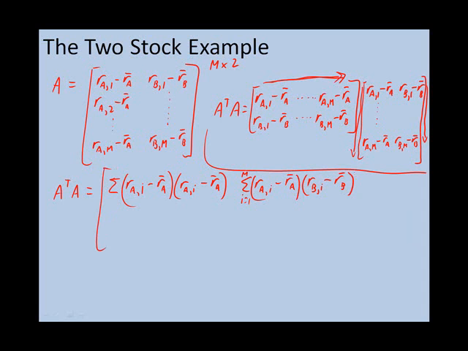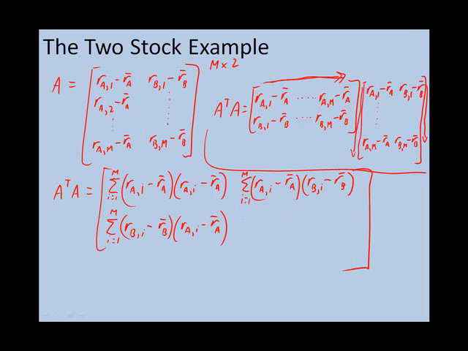If we move to row 2 of our big matrix, we can do similar calculations. We're going to get the sum from I equals 1 to M. We've got our B now, and that's all going to be multiplied by initially RA.